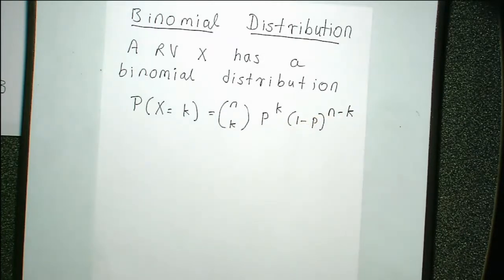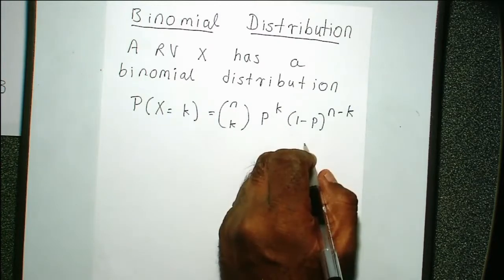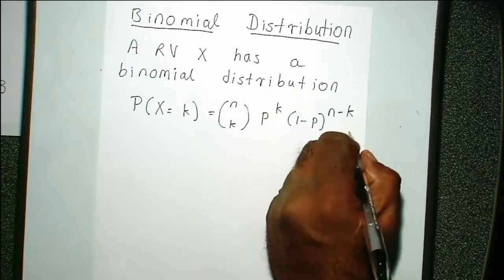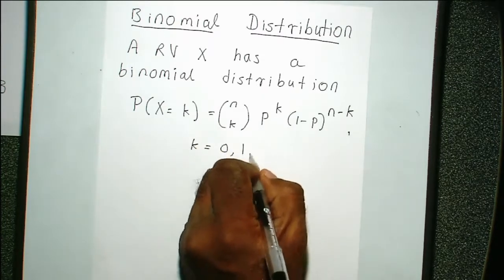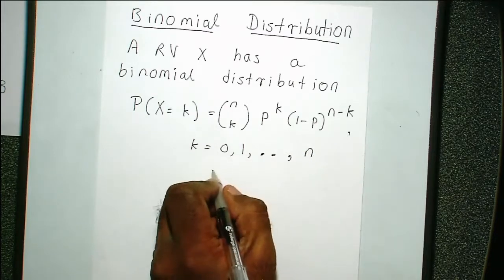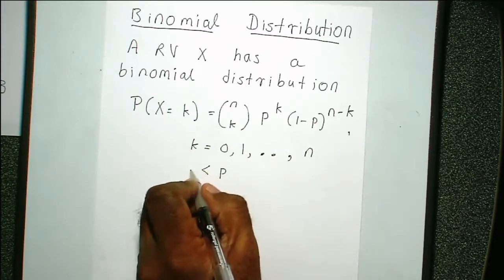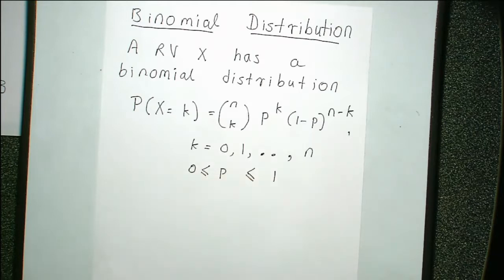I'm sure all of you know the binomial distribution. This is the probability mass function of the binomial. So k goes from 0, 1 up to n. P is a number between 0 and 1, right?